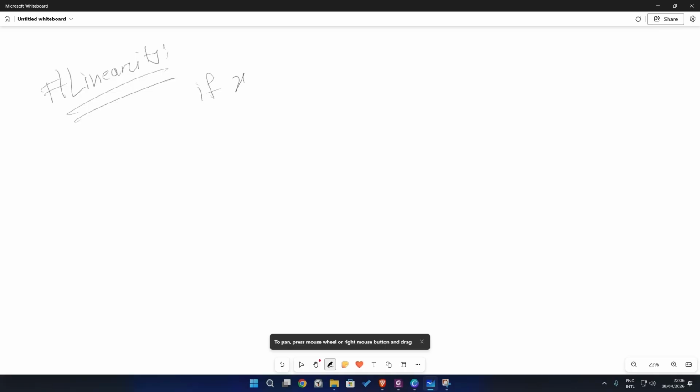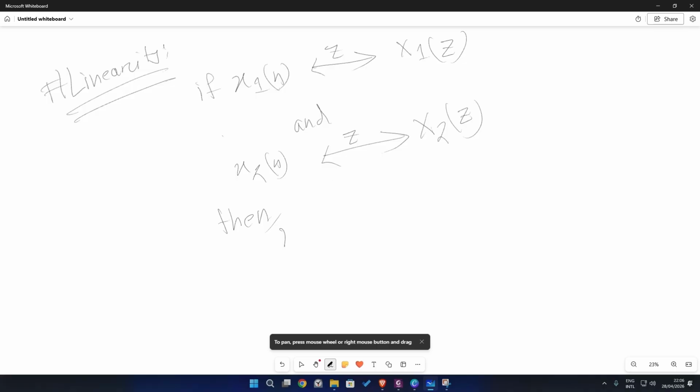If x1[n] can be converted to X1(z), or X1(z) can be converted to x1[n], which is vice versa, and x2[n] similarly X2(z) and vice versa, then we can write x[n] equal to a1 x1[n] plus a2 x2[n].